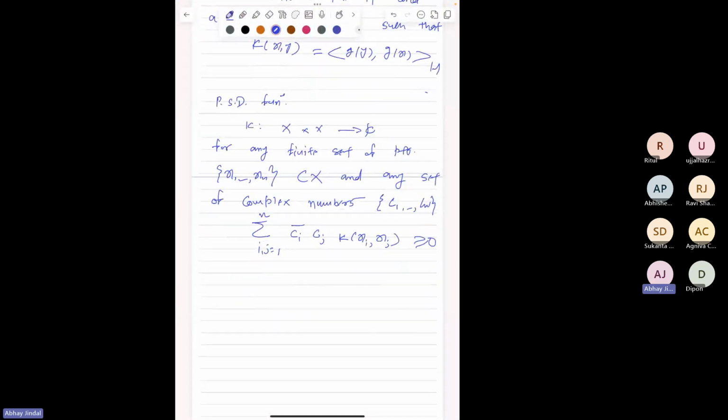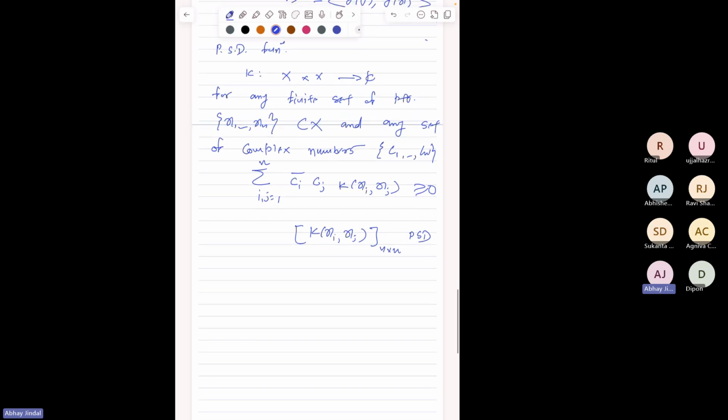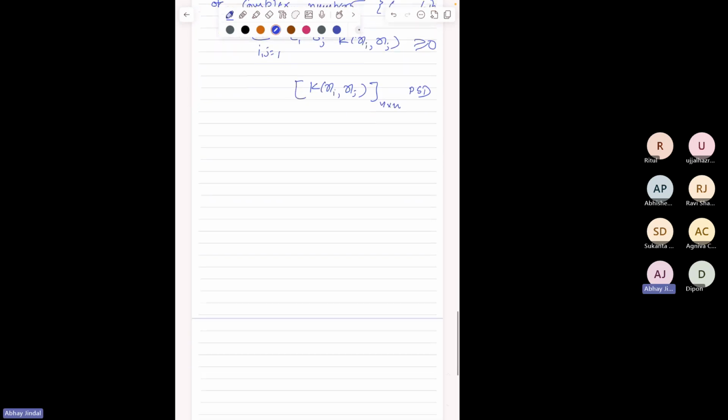This summation being positive is the same as saying that this n cross n matrix K(xi, xj) is positive semi-definite. That is why the name positive semi-definite functions.